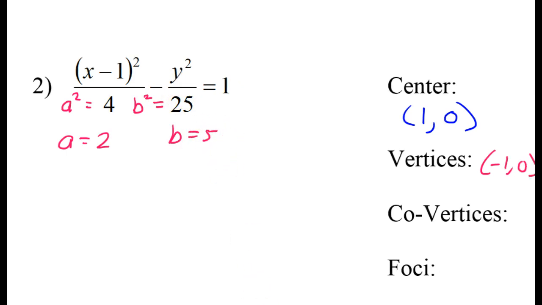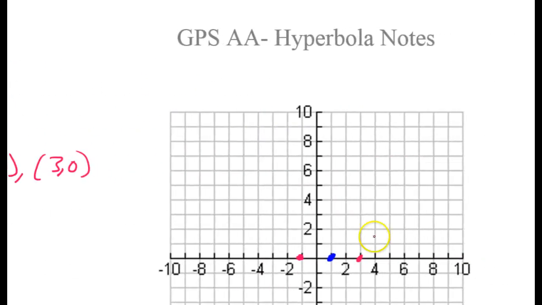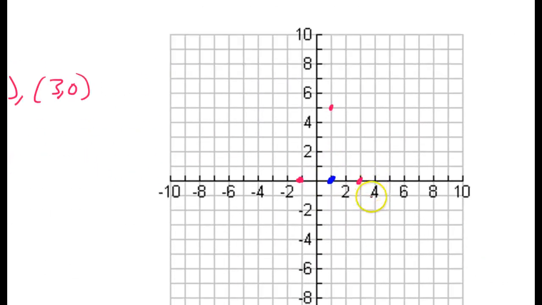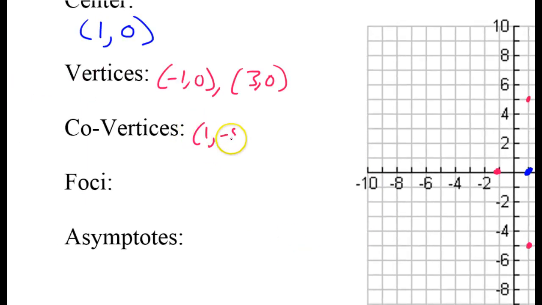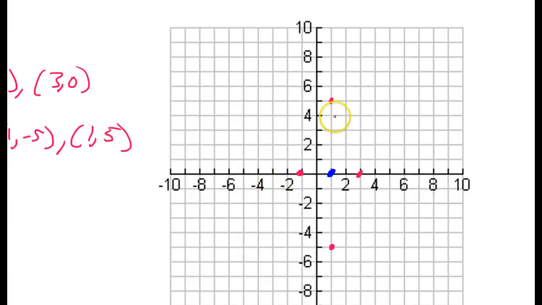And this will give me my covertices. Okay, so I'm going to go up 5 and down 5. So my covertices are 1, -5 and 1, +5.